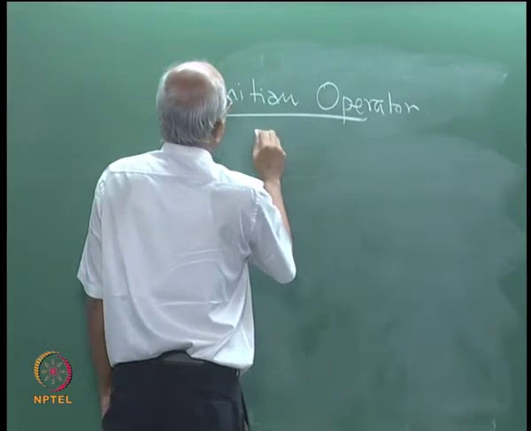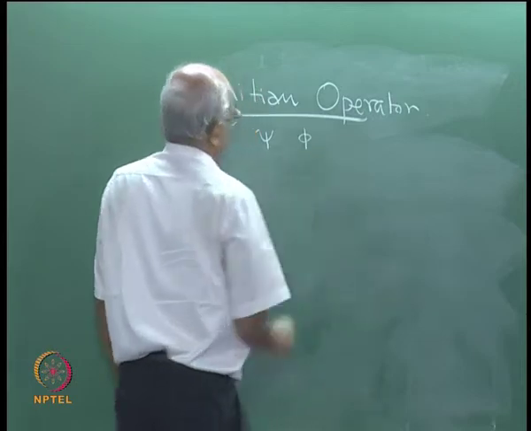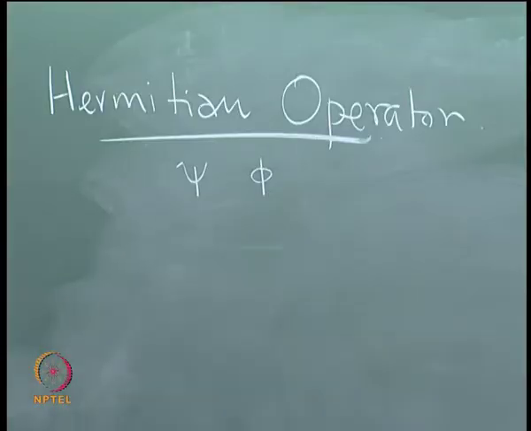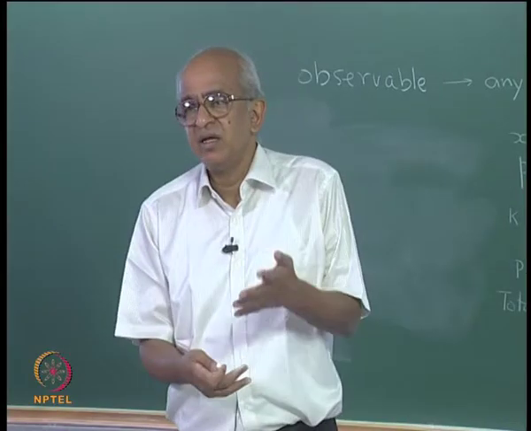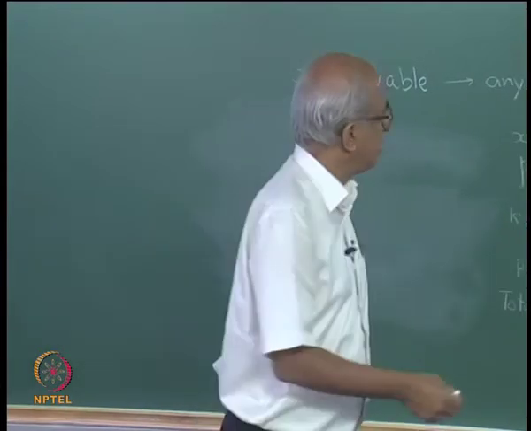Let me denote them by the symbols psi and phi. This of course means that they can be normalized. So, they are square integrable functions, they are continuous, they are single valued.